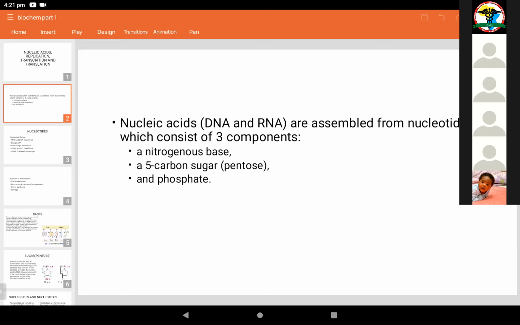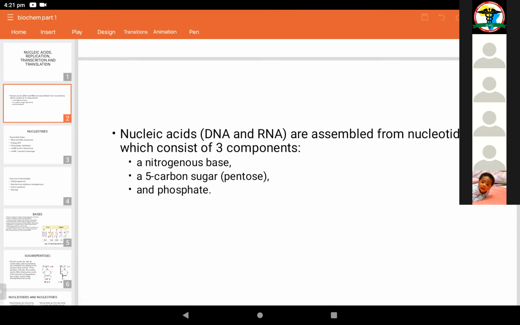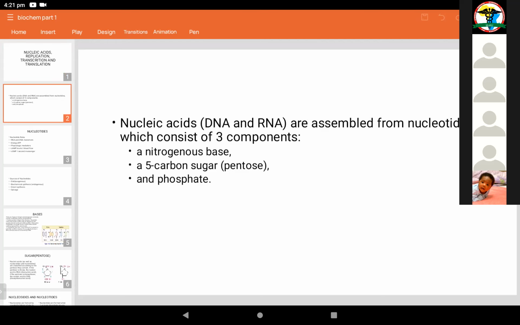But the nucleic acid itself is made up of nucleotides. Nucleotides are building blocks for nucleic acids, and the nucleotide also has its own building blocks.